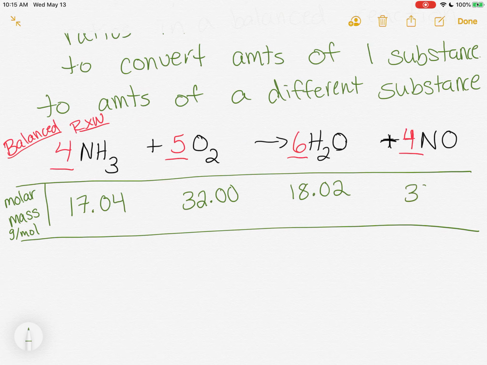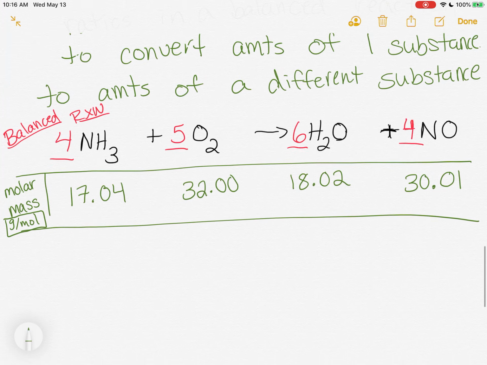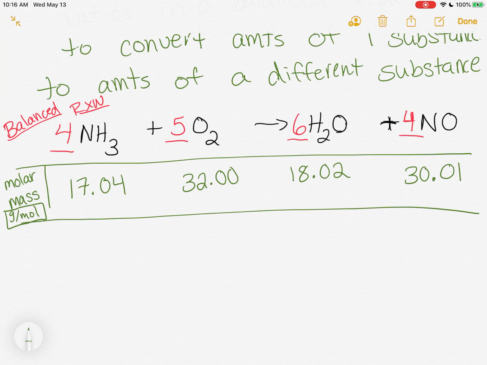And then nitrogen monoxide has the 1 nitrogen and the 1 oxygen, so it's 30.01. Okay, those are all measured in grams per mole. And again, we get all of those molar masses from the periodic table. When we're doing stoichiometry calculations, because we're doing a lot of calculations with this reaction, it's sometimes easier just to find the molar masses to start with, then you have them for reference for later.